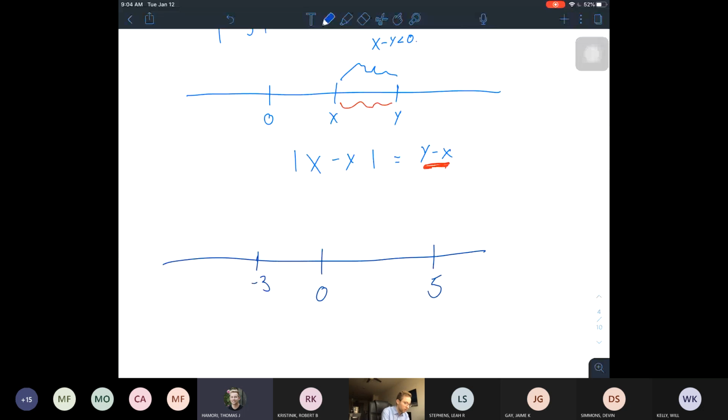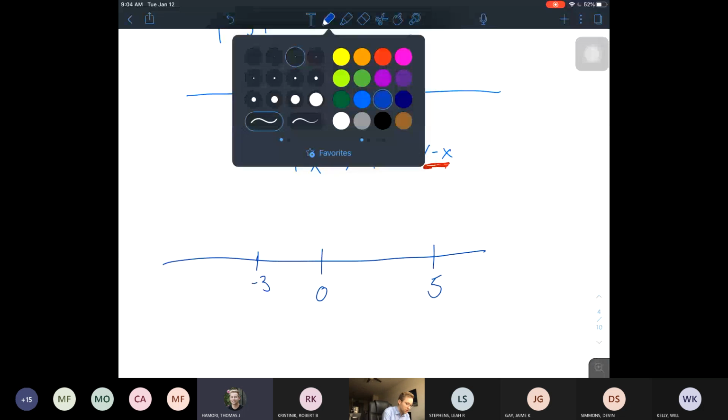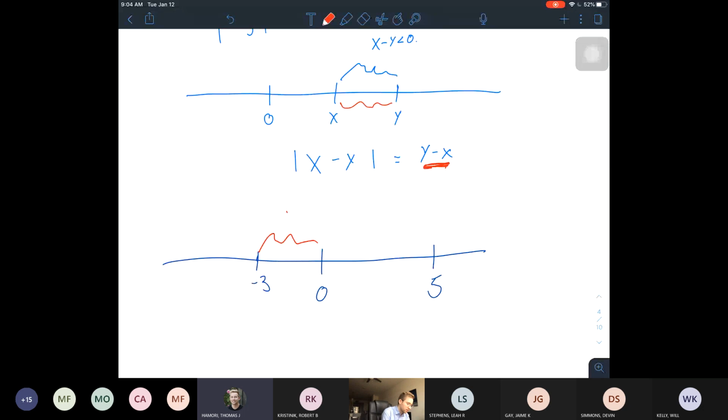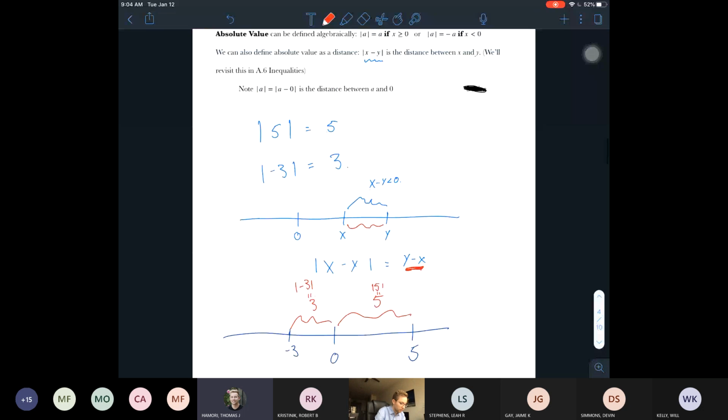We say we walk 3 miles in the other direction, right? So this distance here is 3, and this distance here is 5, and those are both equal to the respective absolute values of those numbers. Okay, so that's a brief recap of what the absolute value is.